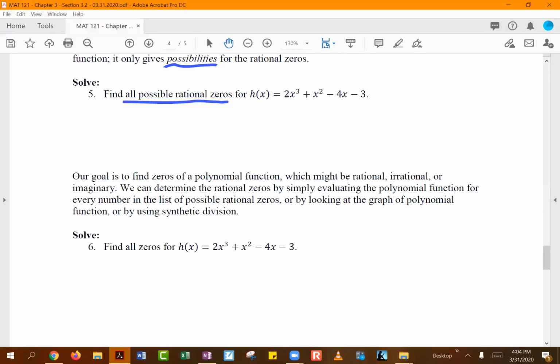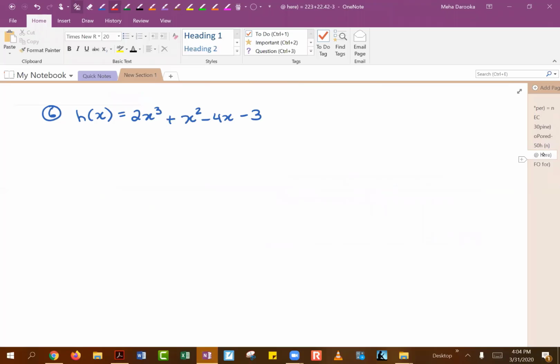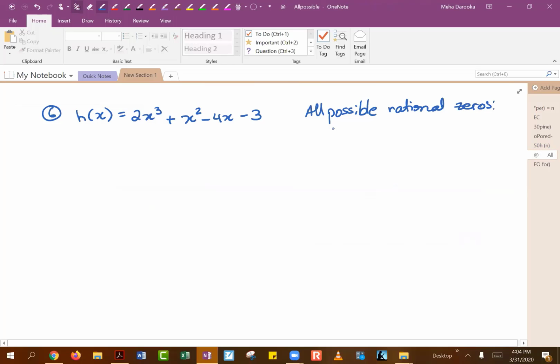So let's go over to our notepad, and remember we are checking which one of these numbers is going to work. All our possible rational zeros from number 5 were positive and negative 1, positive and negative 3, positive and negative 1/2, and positive and negative 3/2.